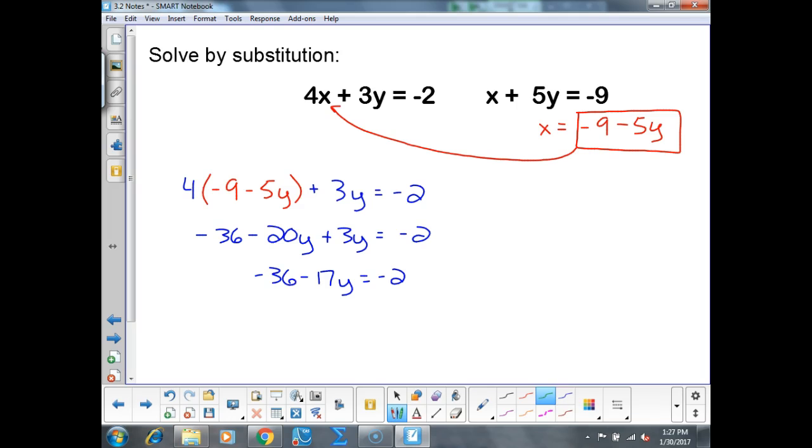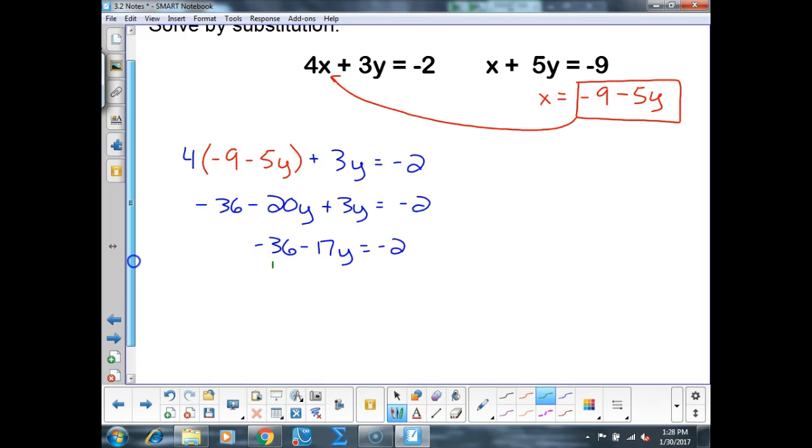So -36 minus 17y is equal to -2. -17y is equal to 34. So I get y is equal to -2.